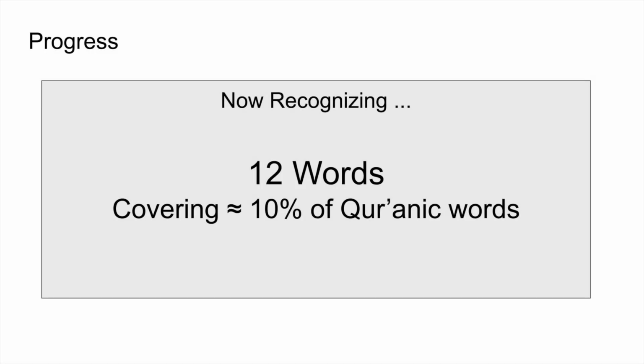Take a moment to notice this. You are now recognizing 12 Quranic words. These are some of the most frequent words in the Quran. Together, they account for roughly 10% of Quranic words. Even at this early stage, your recognition has already grown.